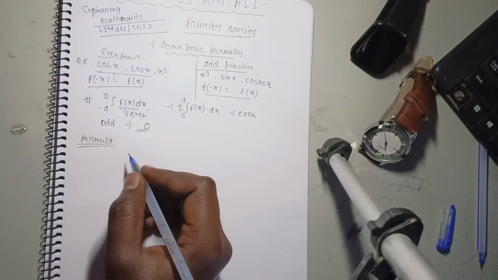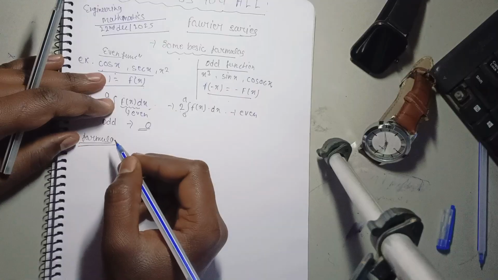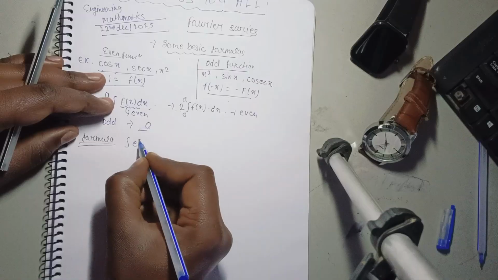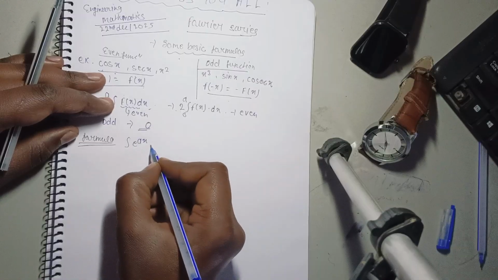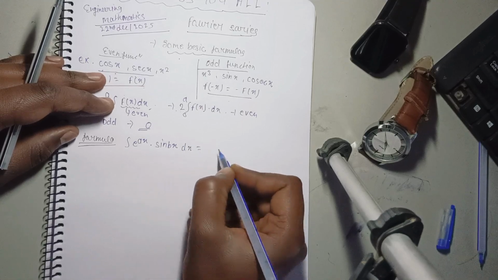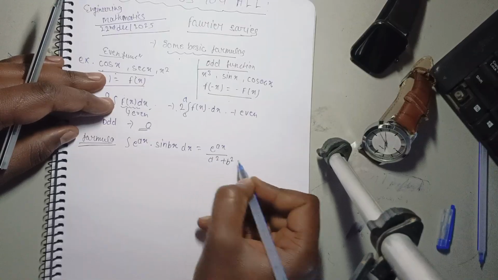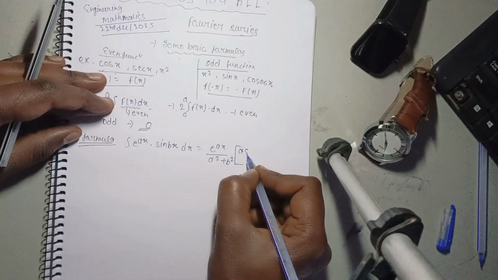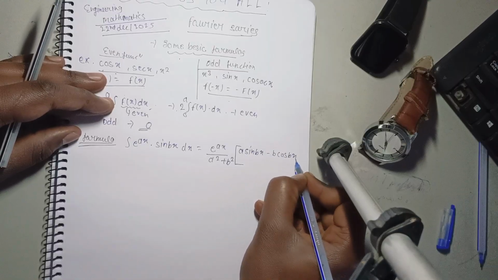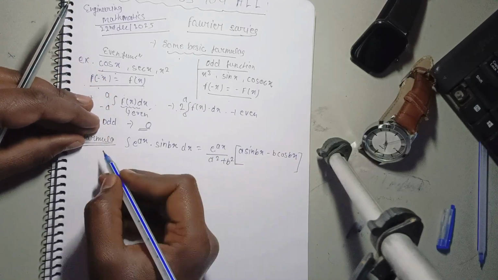Now the formula is integration of e to the power ax sin bx dx is equal to e to the power ax upon a square plus b square in bracket a sin bx minus b cos bx. I hope this is all visible. I will explain what this is after some time.